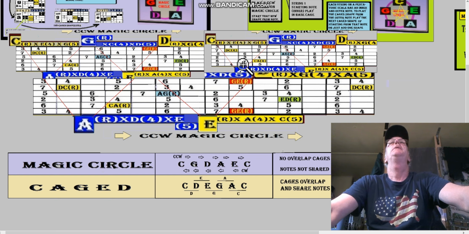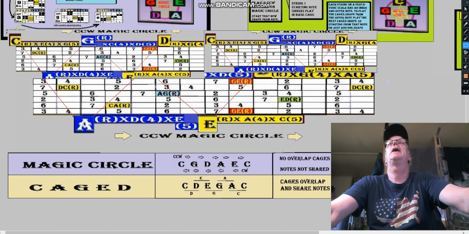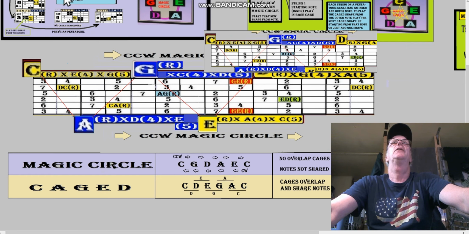The labeling would be different. So I could actually find room to label because the D goes to A from the G. So I did that wrong. But you can see that's about how long it would be to get the whole magic circle on there.